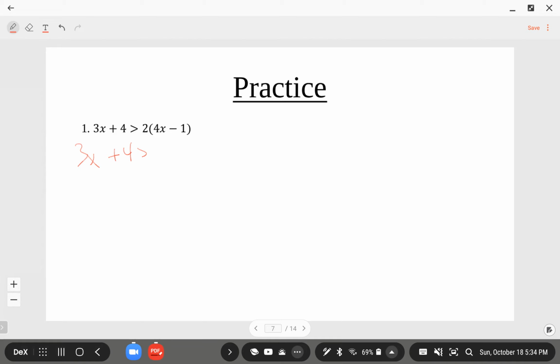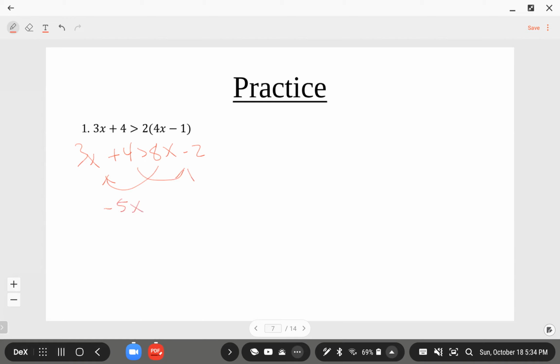The first step is to unwrap the parentheses if there are any. So 2 times 4x, 8x minus 2. And remember, you move 8x to 3x, 4 to negative 2.